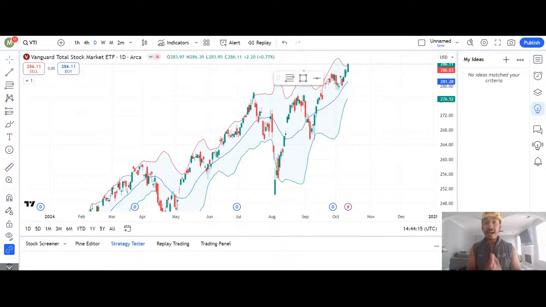That means the total stock market was sloping downwards. Now, moving averages are lagging indicators, which means they give you information a little later than the initial move. But at least you can identify the trend a little later.